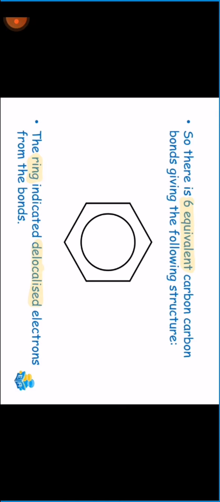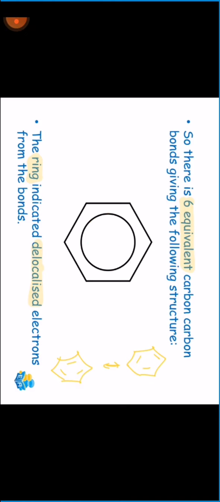So basically, rather than having this structure where the double bonds can alternate, as I indicate for you here, they actually have this ring structure because the electrons are moving so quickly that we get this delocalized electron cloud.